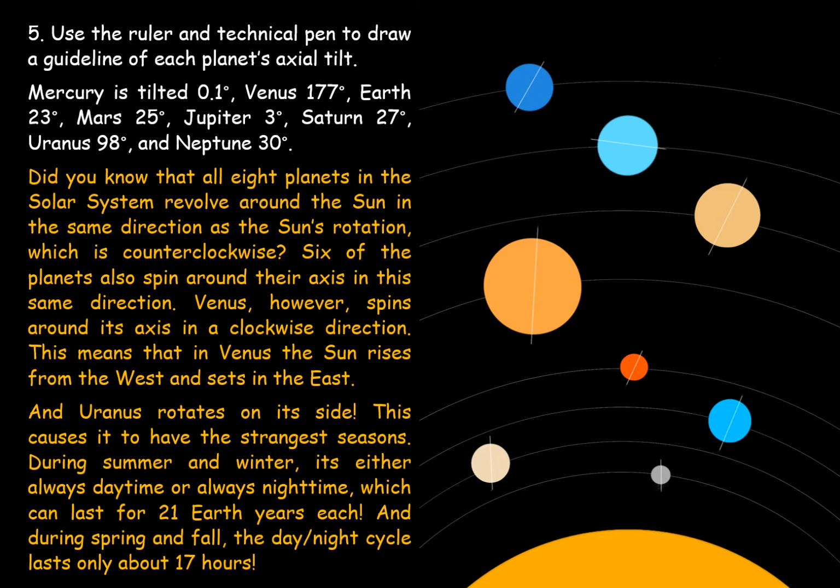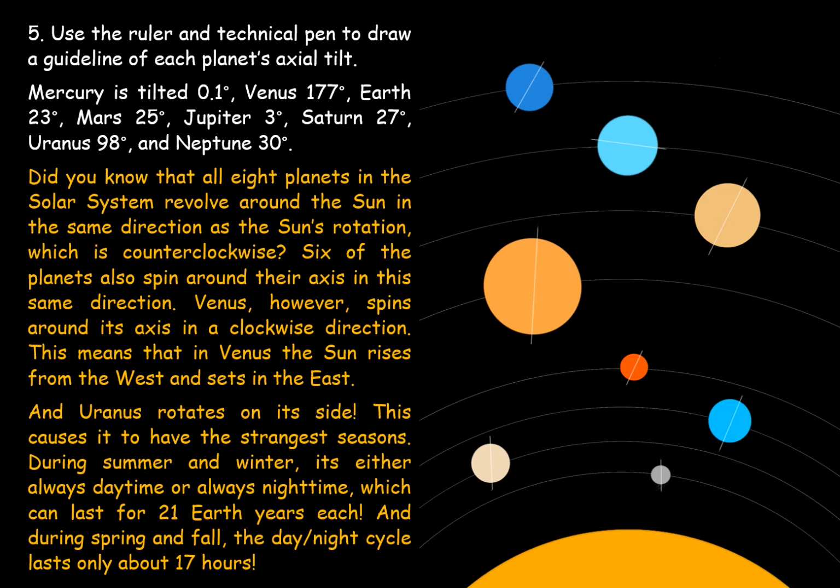Mercury is tilted 0.1 degrees, Venus 177 degrees, Earth 23 degrees, Mars 25 degrees, Jupiter 3 degrees, Saturn 27 degrees, Uranus 98 degrees, and Neptune 30 degrees.